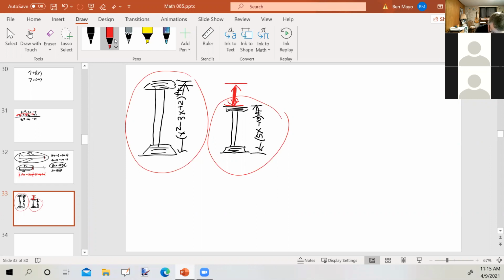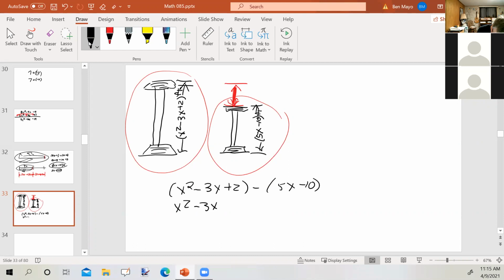Yes, correct. Good job. So we're going to have x squared minus 3x plus 2 minus the quantity 5x minus 10. Did I get those copied correctly? Okay, so that would be x squared minus 3x plus 2 minus 5x plus 10, because subtracting a negative. And this would be x squared minus 8x plus 12 feet.